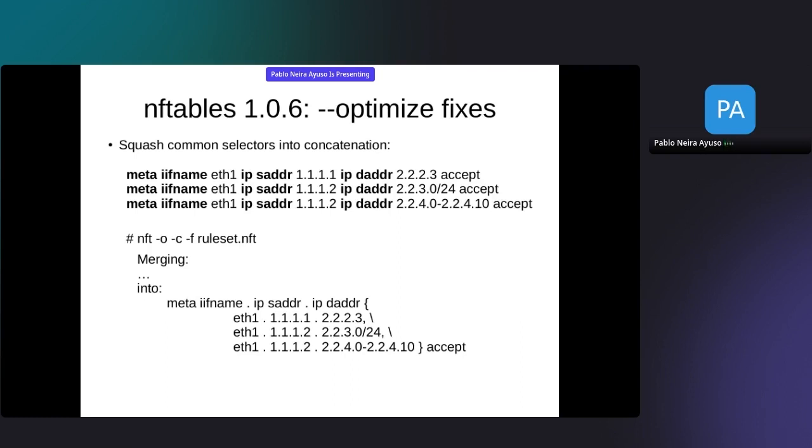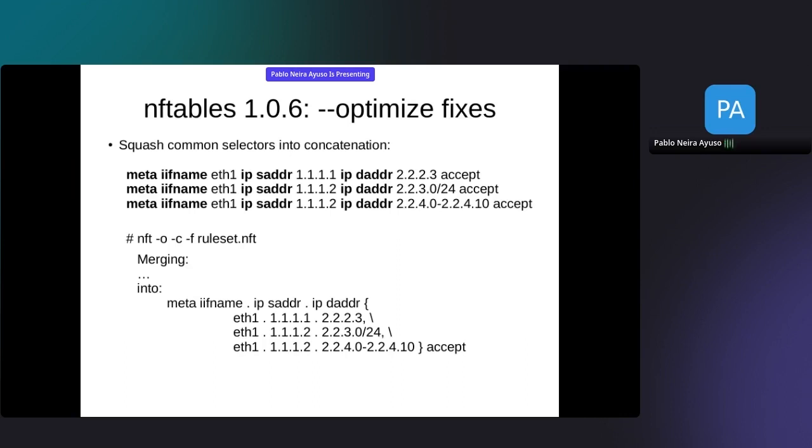If you look at it, it's basically a good number of rules with the same selectors. And it's basically the input interface name, the IP source address, and the IP destination address, and just the verdict.